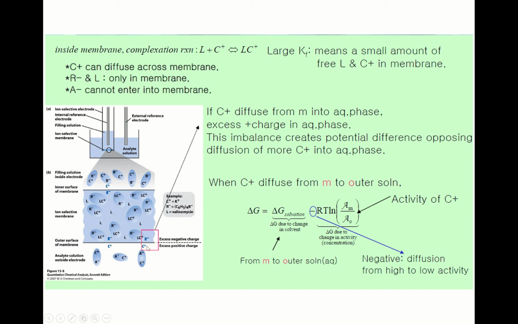Here you understand, because this cation now diffuses into the membrane. This imbalance creates a potential difference opposing diffusion of more cation into the aqueous phase.